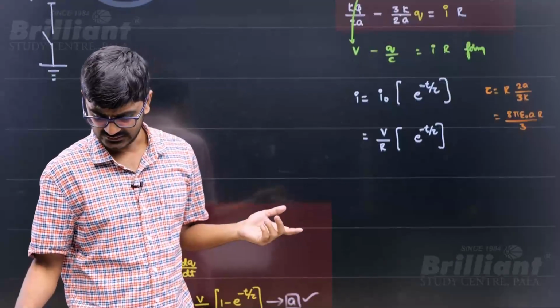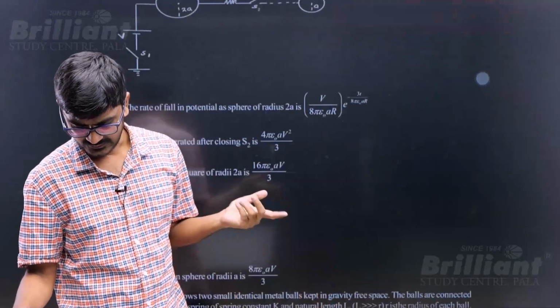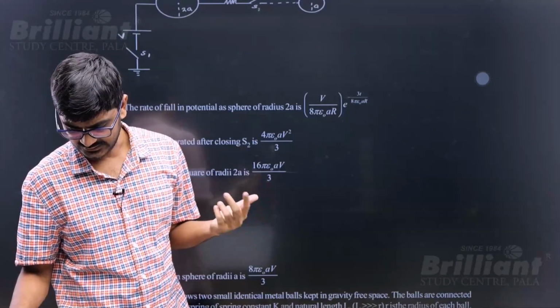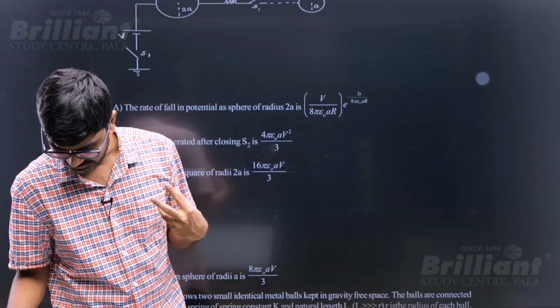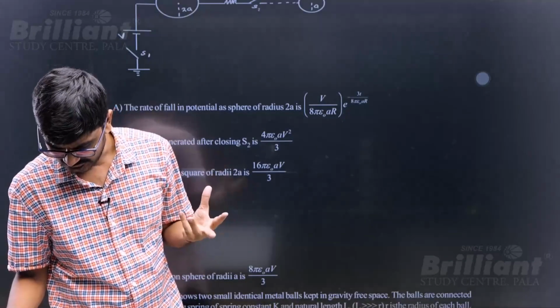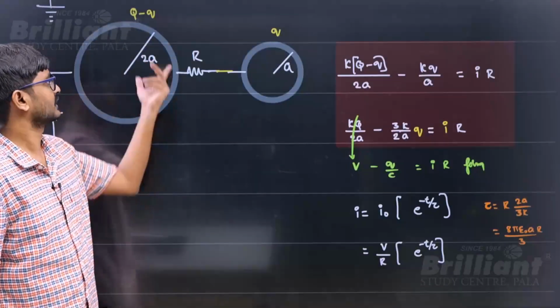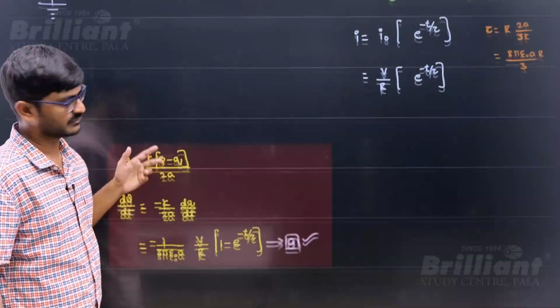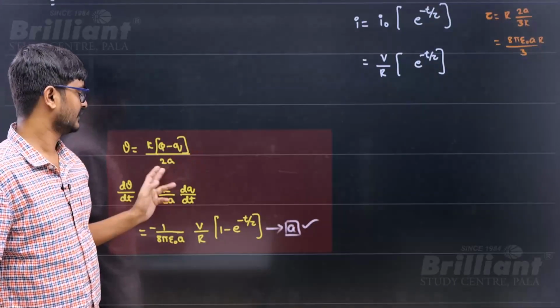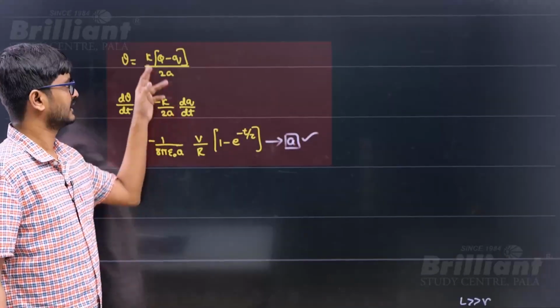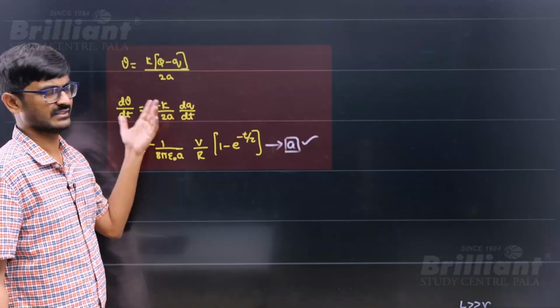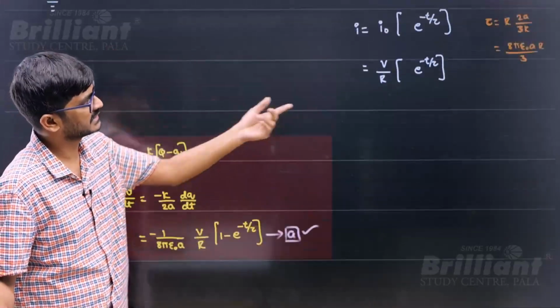But what did they ask? They asked the rate of fall in potential of the sphere of radius 2a. So you need to find what this potential is and at what rate it will be falling. That potential is K into charge by 2a, and the rate it will be falling is minus k by 2a times dq by dt. This dq by dt is nothing but the current.